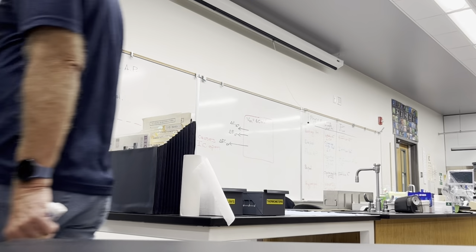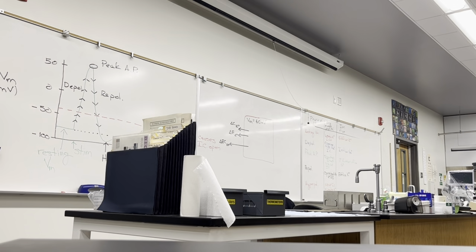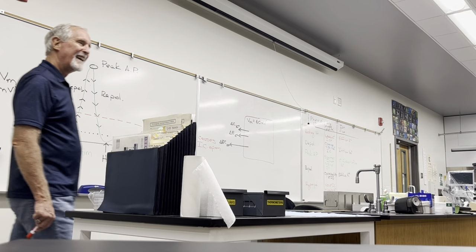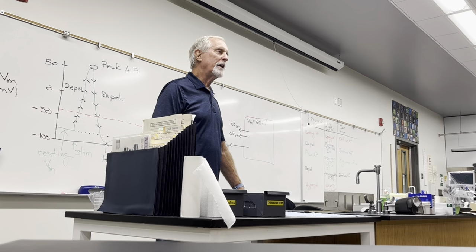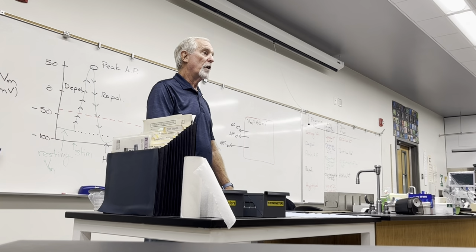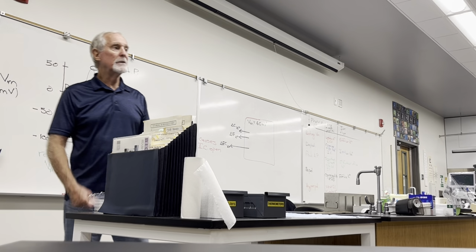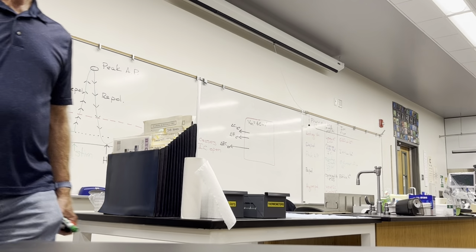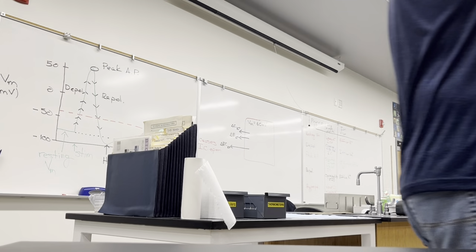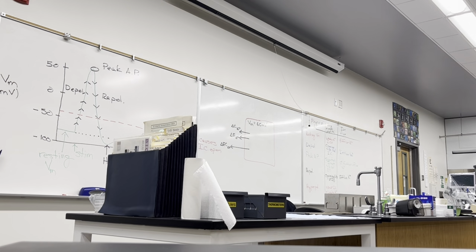Yeah, you've given me a great idea for a test question. And here it is. If you had a leaky sodium ion channel and there were no leaky potassium ion channels, where would the resting membrane potential be? Your answer. Yeah, that sounds reasonable, right?